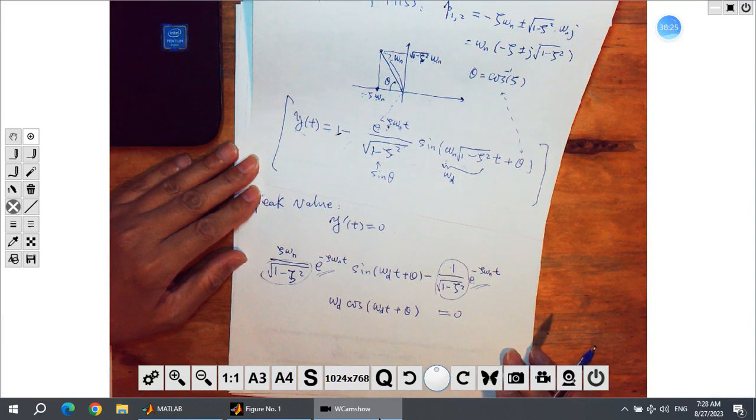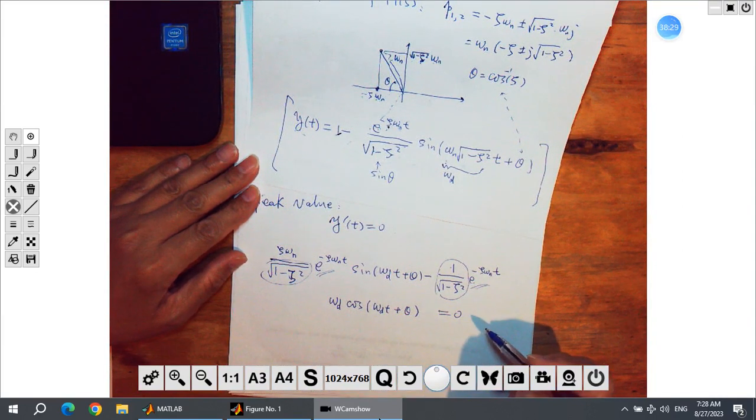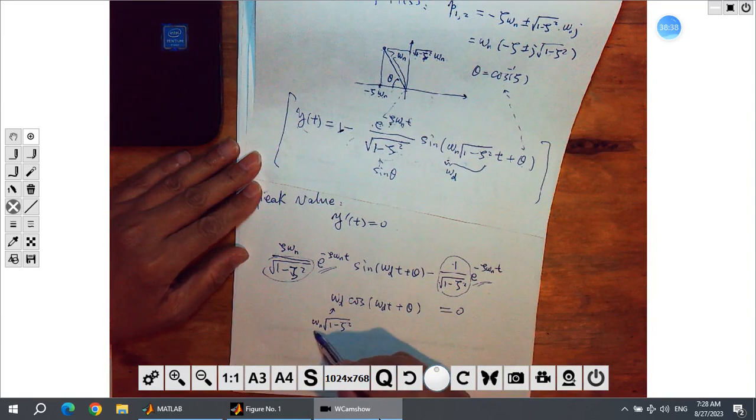So finally we have this one, zeta omega n. Omega n we can also cancel here. Omega d is omega n times square root of 1 minus zeta squared, so this omega n can also be cancelled.